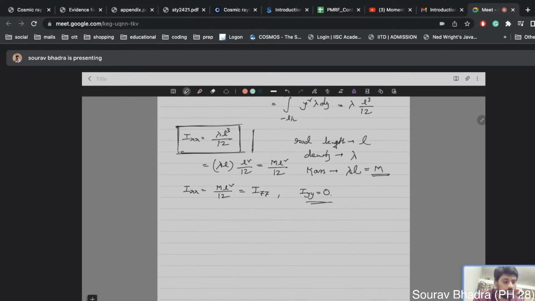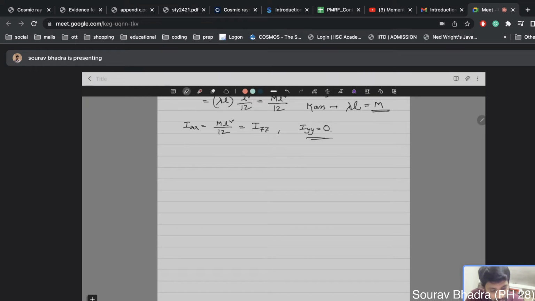Okay, now for these two examples, I have not calculated Ixy or Iyz or Izx, because whenever you calculate, suppose Ixy, the first term will be 0, because there is a delta ij, and for i not equal to j, the first term will be 0, so no need to write this term.